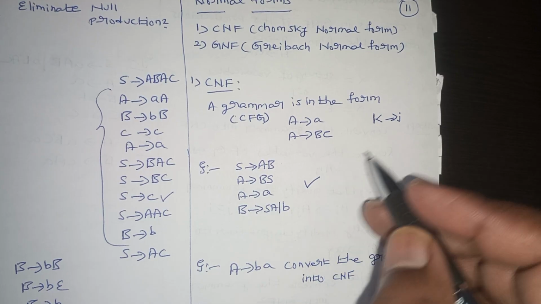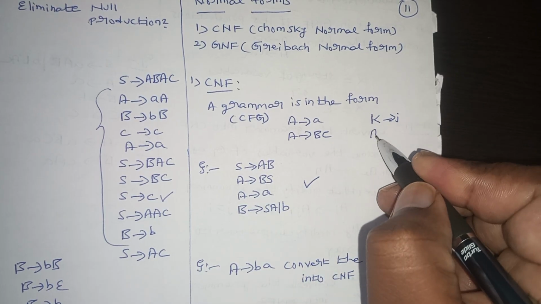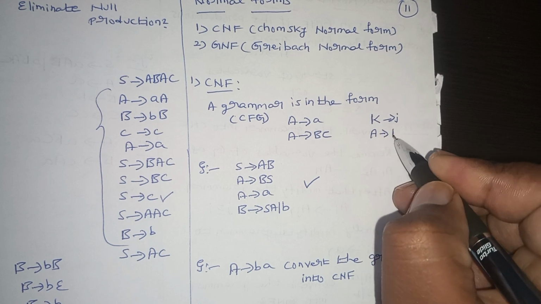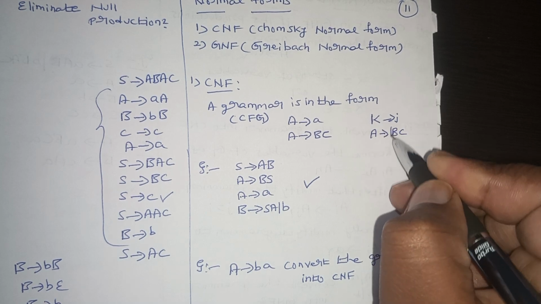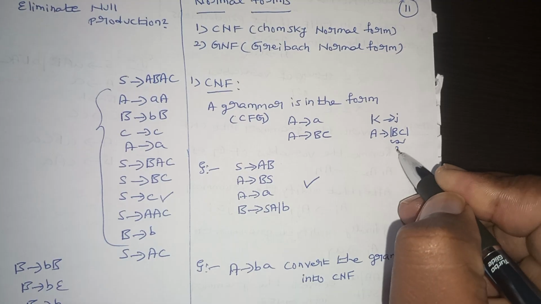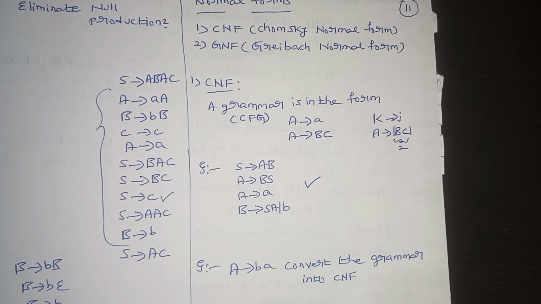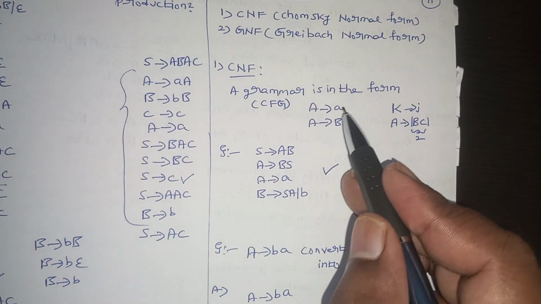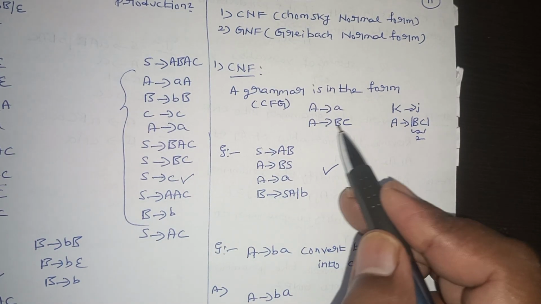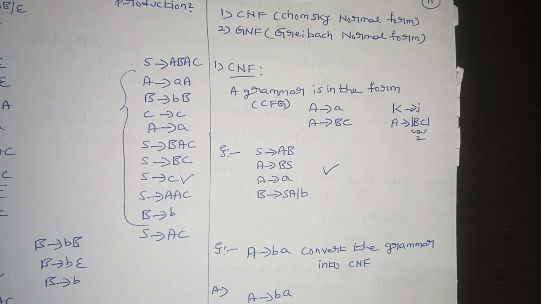For example, A tends to BC. The count is equal to 2. So you have to update the grammar like this. That is Chomsky normal form.